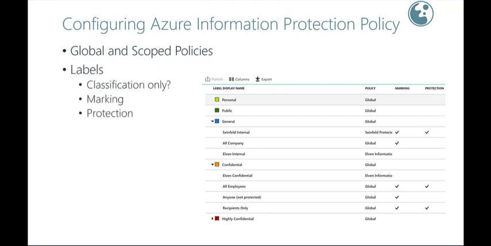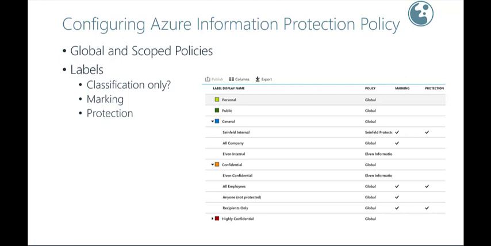Labels. As you can see on the screenshot here, I have labels for personal data, public data, general, confidential, and highly confidential. Labels can be used for classification of data. It can also be configured with marking, for example, a watermark or a header or a footer to the document.